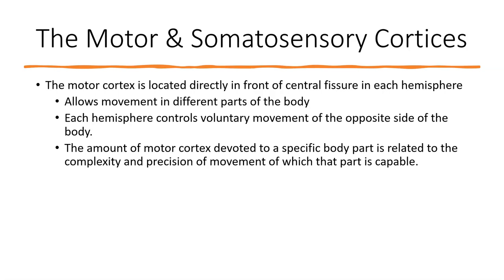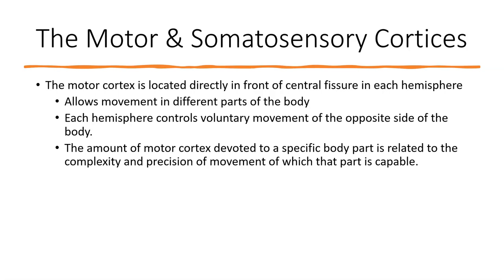The way the brain is set up, each hemisphere controls movements that are intentional, meaning you choose to do them, on the opposite side. So if you raise your right hand, shake your hand, wave at someone, that is coming from the left side of your brain in the motor cortex assigned to your right hand. If you move your left hand, that's coming from the right side of your brain.